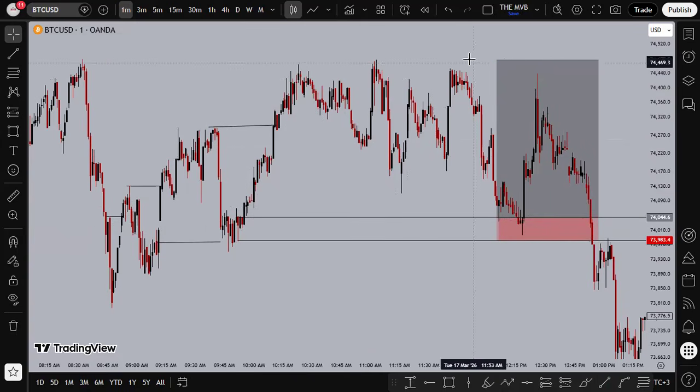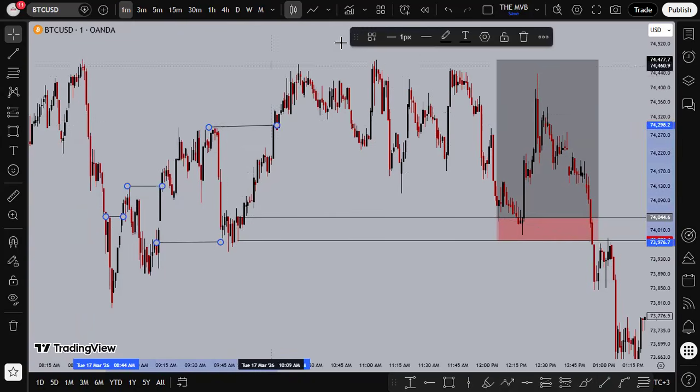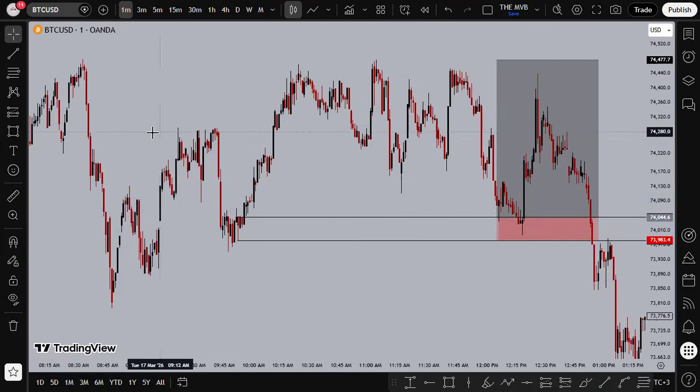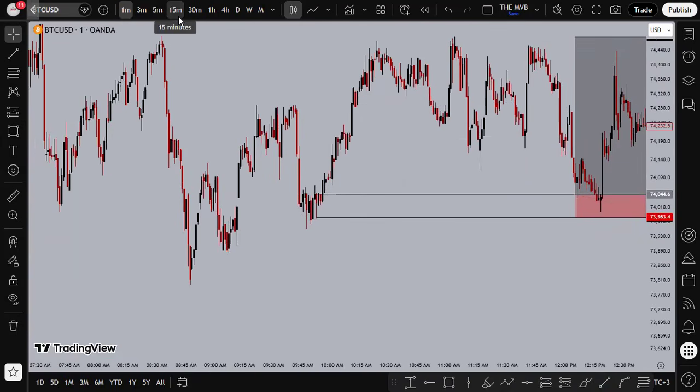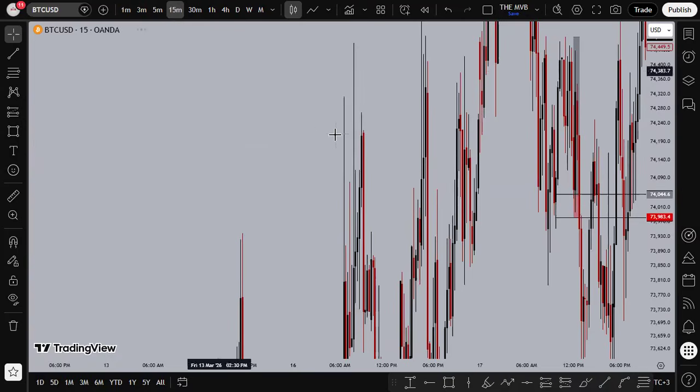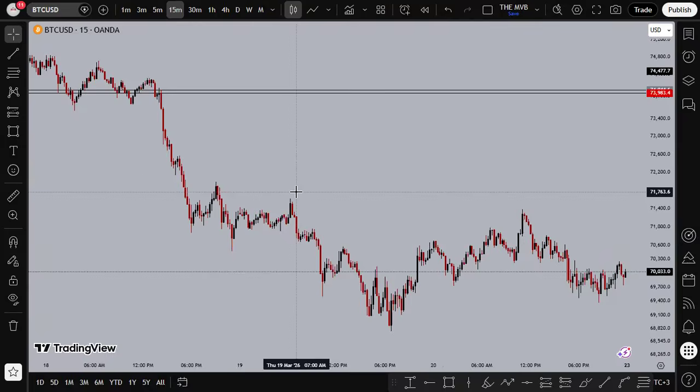And the take profit, I put my take profit here, but the only reason why we were stopped out was in the 15 minutes. So let me show you, and let us learn from this mistake so that no one gets stopped out by this mistake again. The mistake was in the 15 minutes.